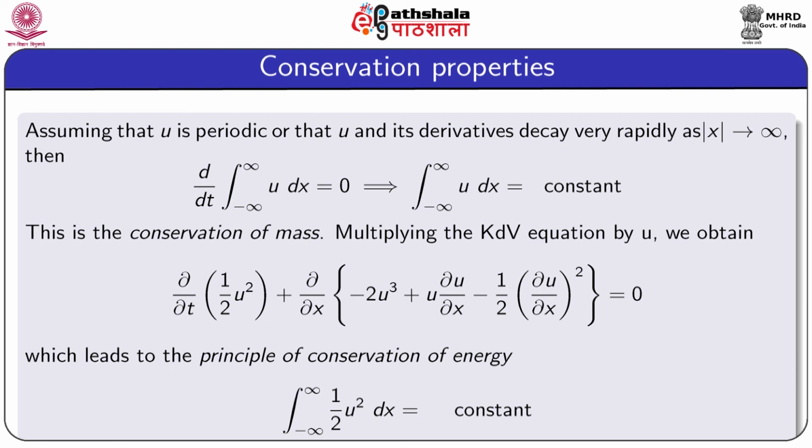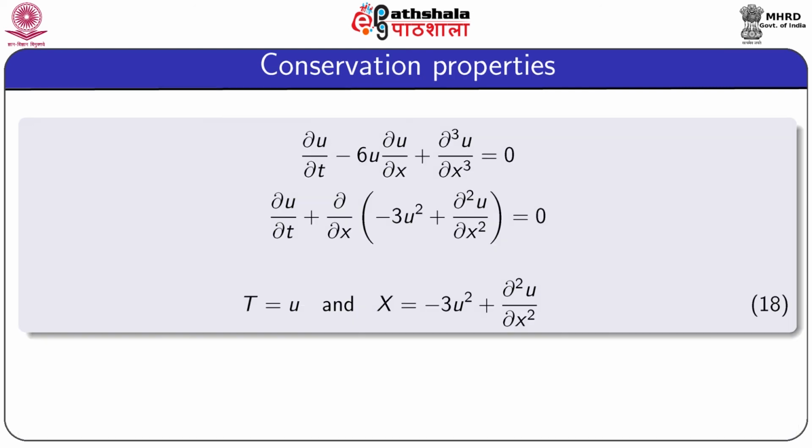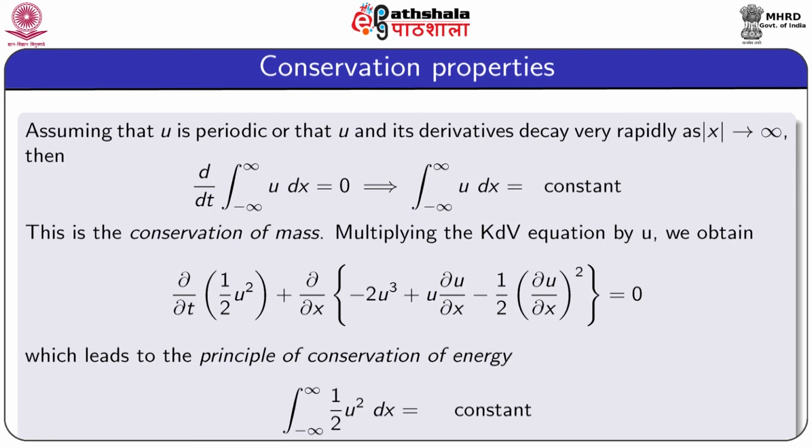Now, to get another integral of motion, we multiply the KdV equation, that means the first equation of this slide, by u. Then we can write the terms as del t of half u square plus del x of minus 2u cube plus u del u by del x minus half del u by del x whole square equals 0.